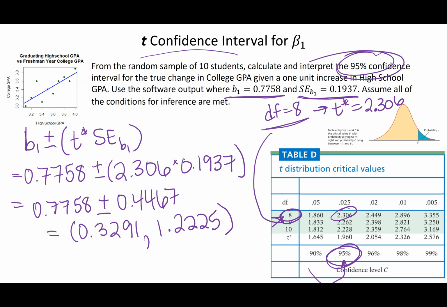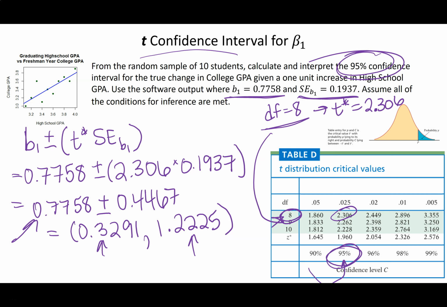So we'll get into interpreting these more, but we're saying, hey, for a 1 unit increase, so a 1.0 increase in high school GPA, the 95% confidence interval estimates that the college GPA increases, because this is positive, by 0.33 to 1.22 increase with a point estimate of a 0.78 increase.